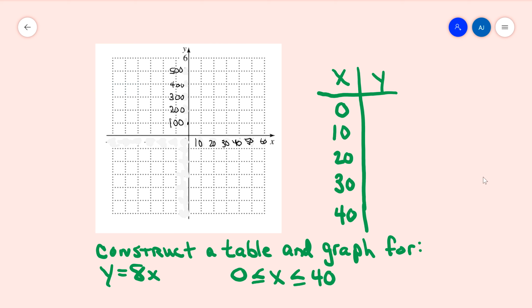Construct a table and a graph for this function here of y equals 8x. And the parameters are for all the values of x that are between 0 and 40. So all the numbers of x that are in between 0 and 40.